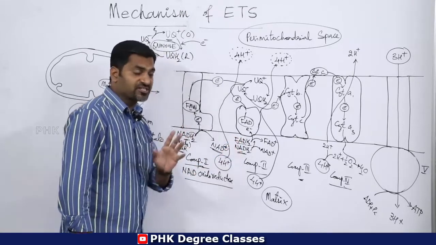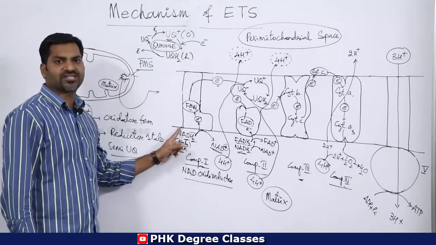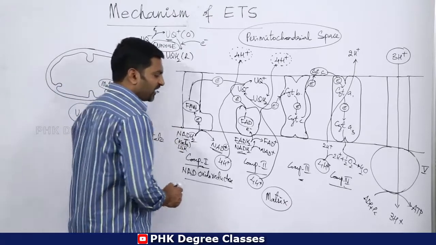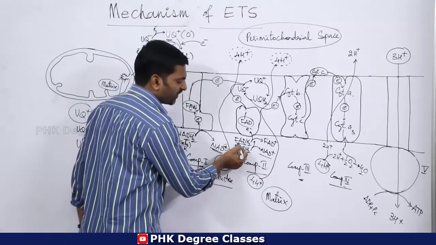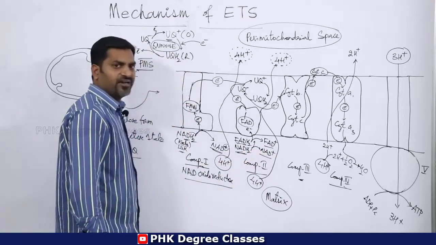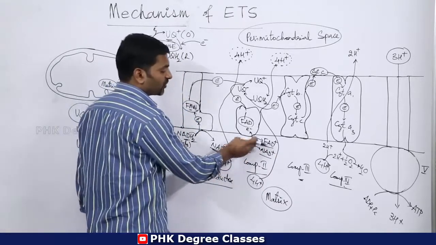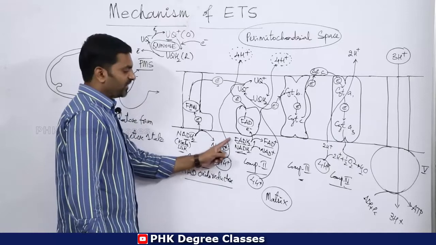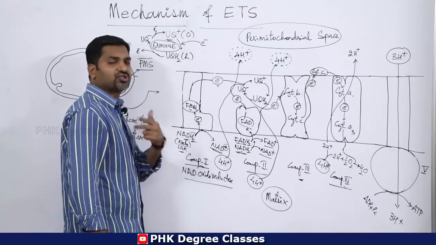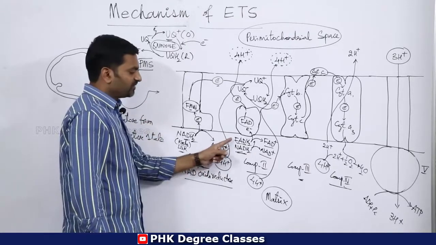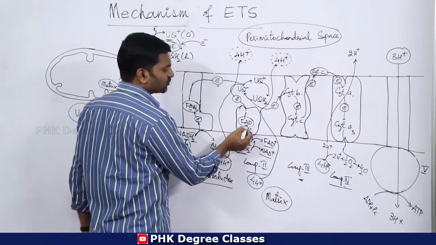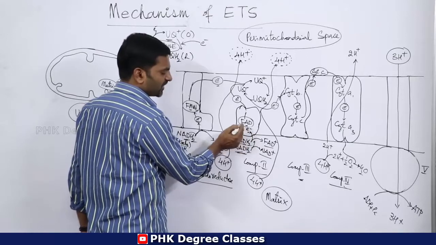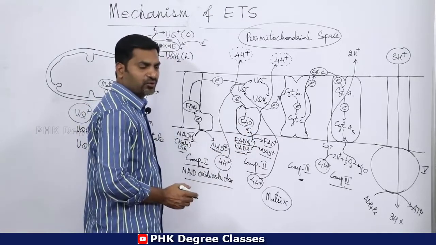They do not participate at complex 1. Remember, clear? So NADH2 is converted into NAD plus, FADH2 is converted into FAD. Means 2 protons are removed from NADH2 and FADH2, and electrons are also removed from these 2 compounds. Clear? These removed electrons move to the prosthetic group of complex 2, that is FAD, flavin adenine dinucleotide.